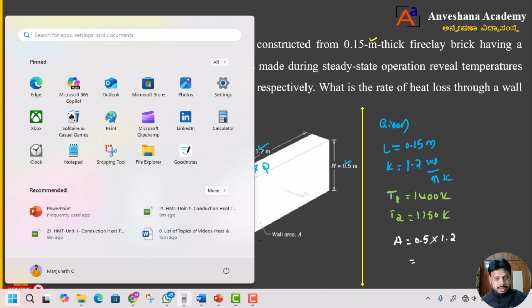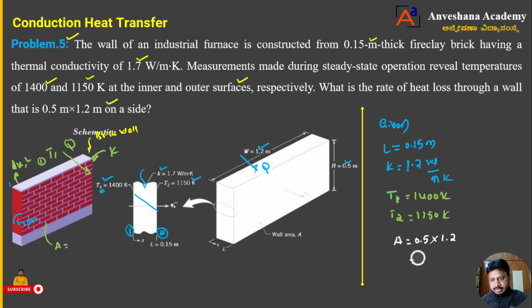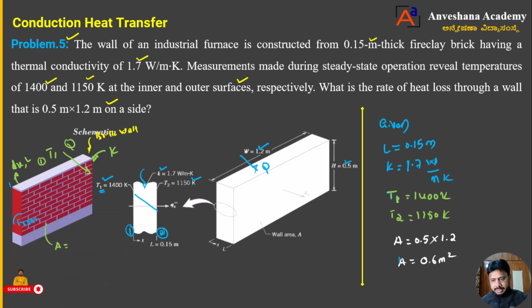Area is 1.2 multiplied with 0.5, so it is 0.6 meter square. That is the area he has given.